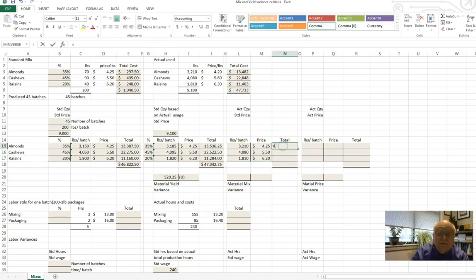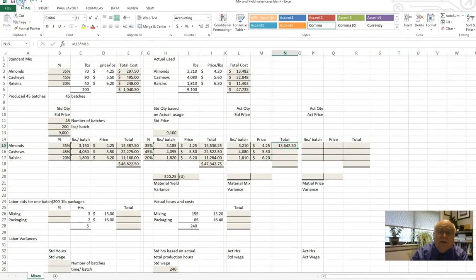Multiply those out. So we have 3210 times the 425, and then we have 4080 times the 1050, and the 1810 times the 620.